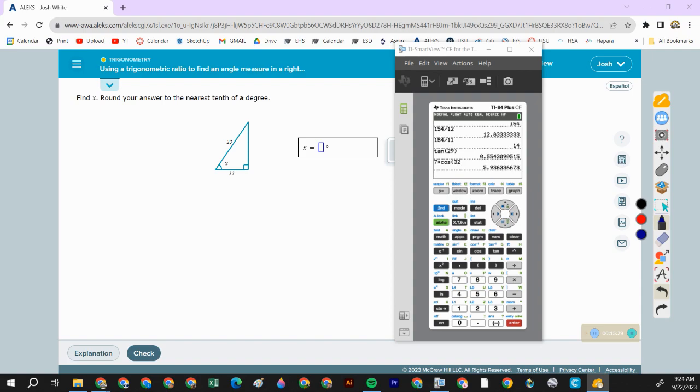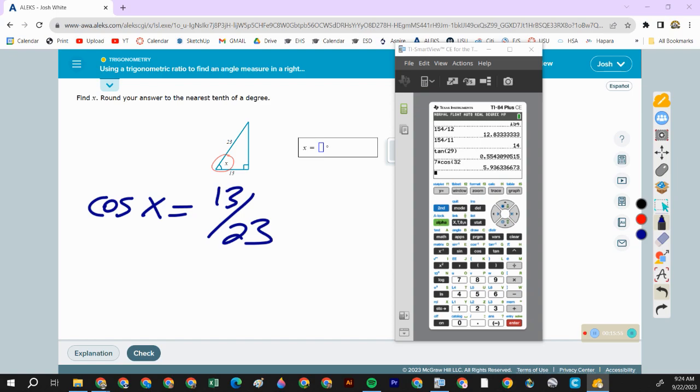Here, they have told me that theta is equal to x, so this is a little bit different. Here we have the cosine of x is equal to 13 over 23. So in the last problem, we knew one of the angles, but we were missing a side length. And here, we know two of the side lengths, but we're missing the angle.